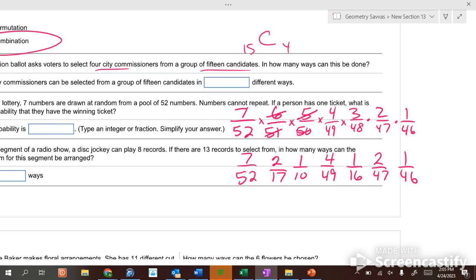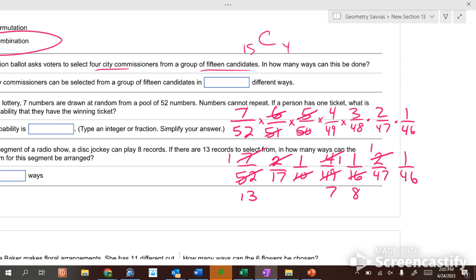But we can still do some reduction. 7 goes into 49, right? 1 and 7 times. And 4 goes into 52 how many times? 1 and 13 times. And 2 goes into 16 how many times? 1 and 8 times.